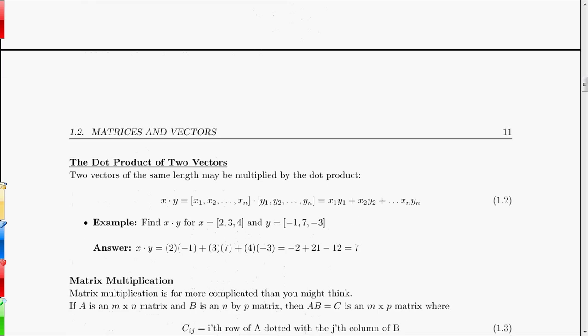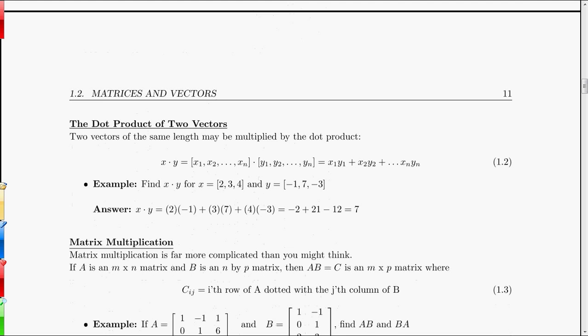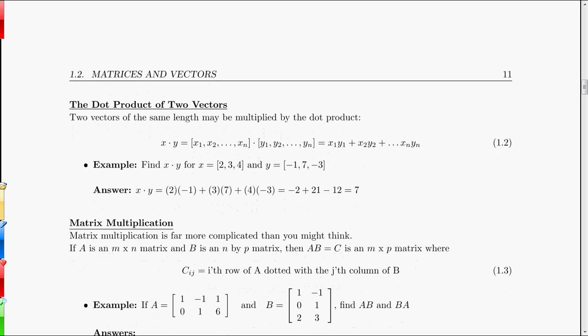Okay, the dot product of two vectors. And this is where things don't work out how you probably would expect them. If you have two vectors and you have a dot product, I know that looks like the same dot you used for multiplication. But if these two things are vectors, then the dot product is not multiplication.